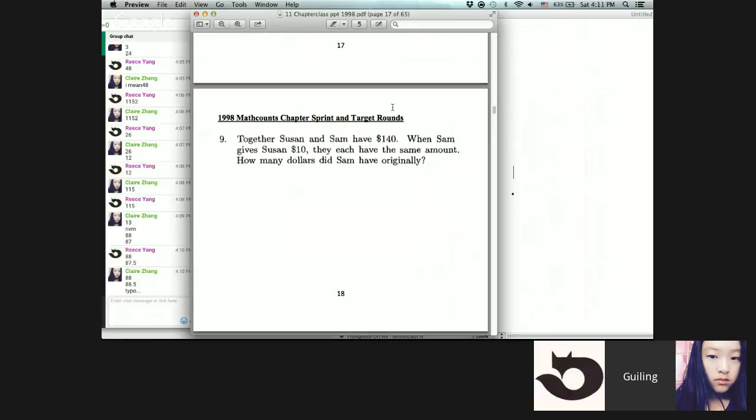Okay, let's try this one. Together, Susan and Sam have 140. When Sam gives Susan 10, they have the same amount. How many dollars does Sam have originally?